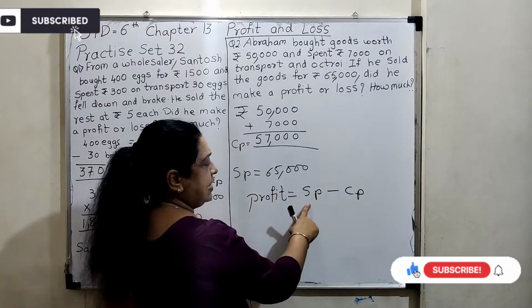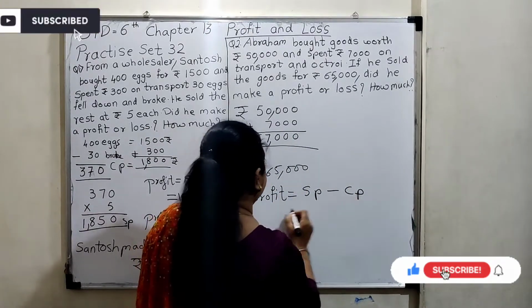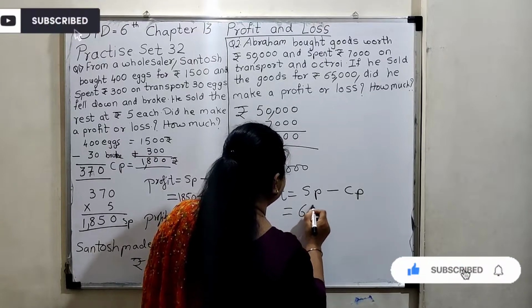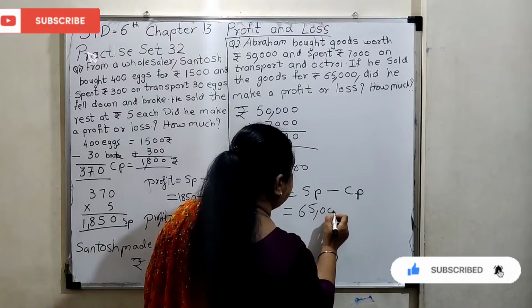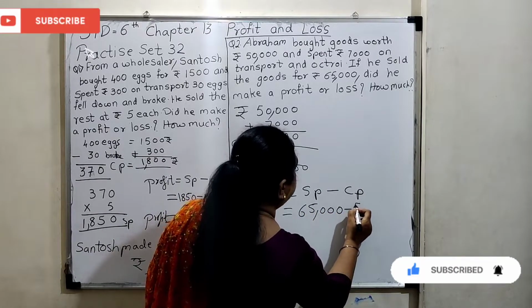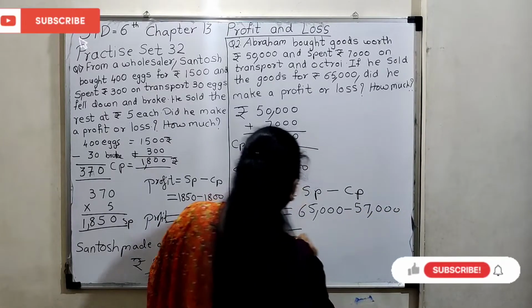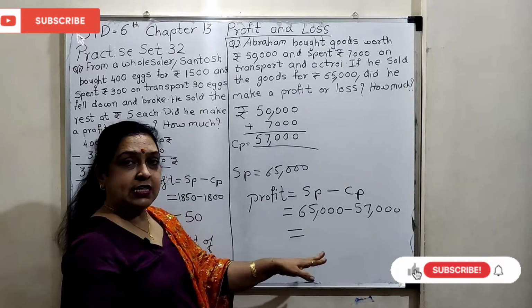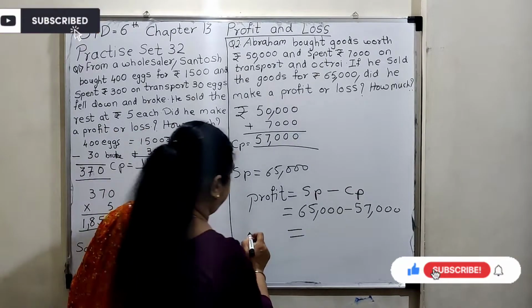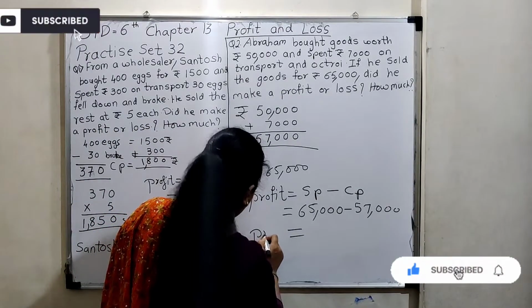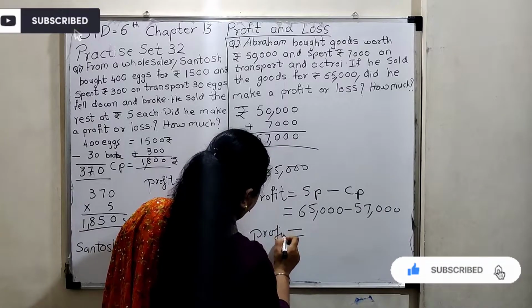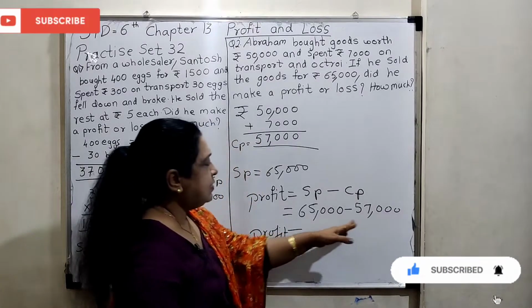So, the selling price is 65,000 and the cost price is 57,000. So, what is the profit? How much is the profit?